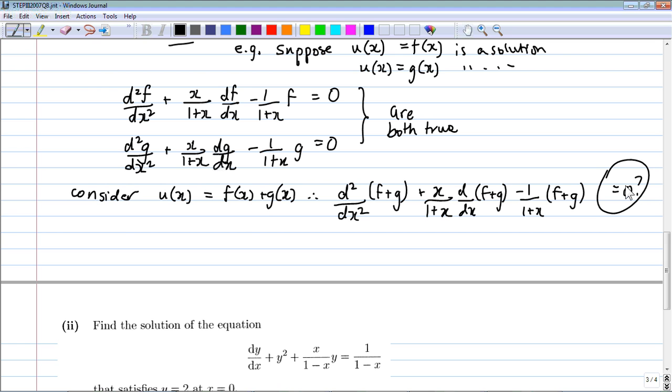Well, you should see that it must be equal to 0 specifically because of the fact that we say that the differential operator is linear.